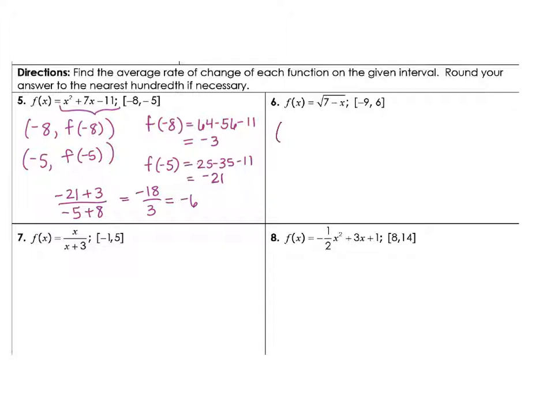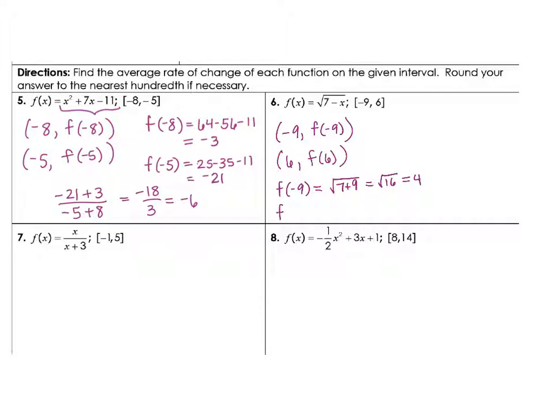So here we have negative 9, and we need to find f at negative 9. And then we have 6, and then f at 6. And so substituting in, again, f at negative 9, we're going to have the square root of 7 plus 9, which is the square root of 16, which is going to generate 4.